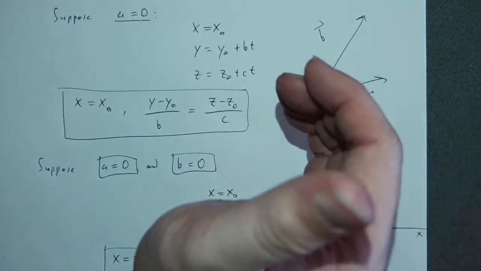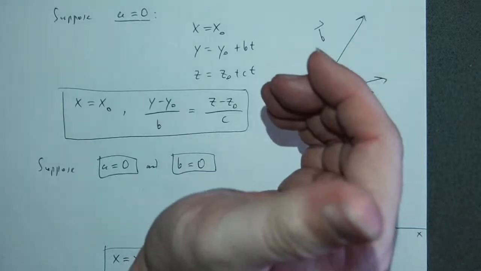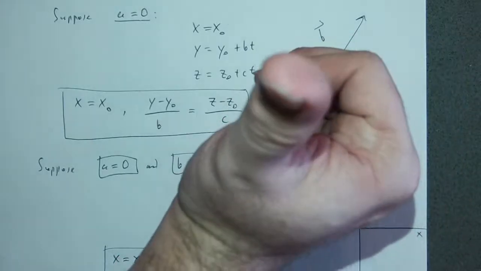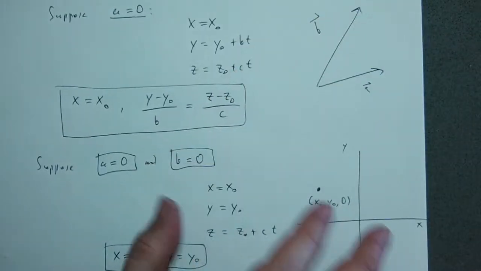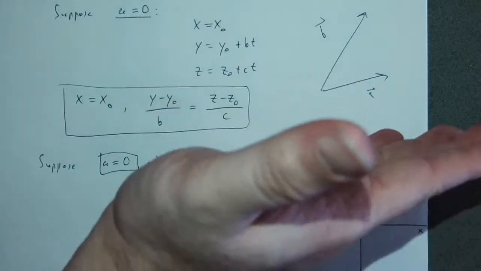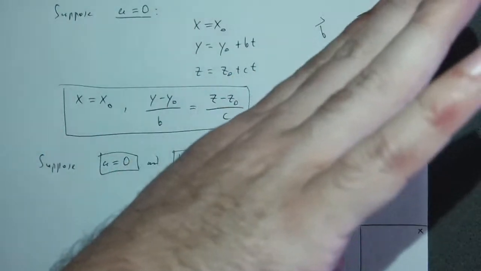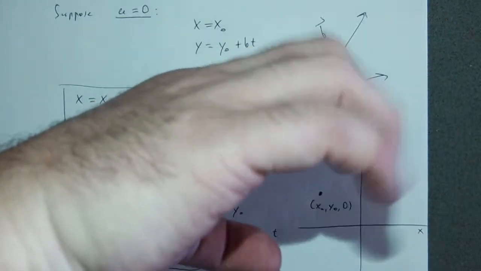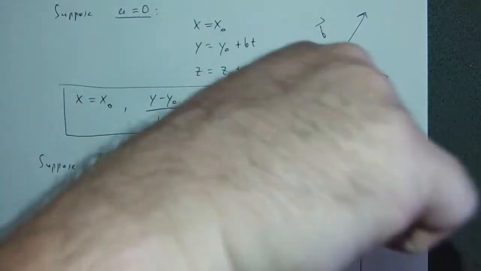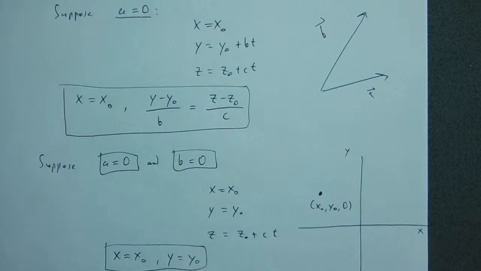When you curl those fingers like this, your thumb is telling you the direction, basically. There's only two directions. It's either up or down. Right? And so since it's a cross b, here a cross b would point up out of the paper. If we were doing b cross a, I would have to turn my hand like this to curl my fingers, my thumb is now pointing directly into the page, so it would be into the page. It would be the opposite direction.